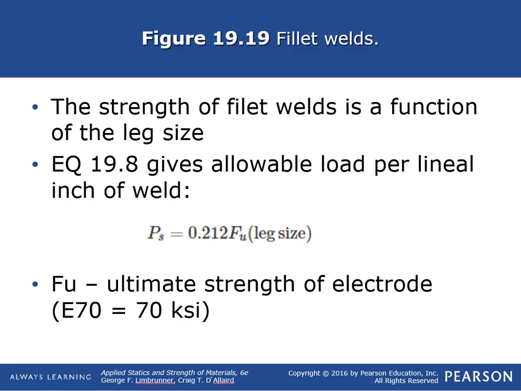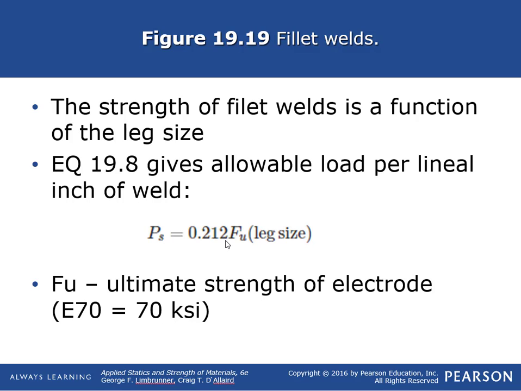So the strength of fillet welds is a function of the size of the leg. This is the way I want you to do this. They have a different method in your textbook, but I want you to use equation 19.8. 19.8 gives you an allowable load per lineal inch of weld. So you take 0.212; look at the derivation of this equation in your textbook.